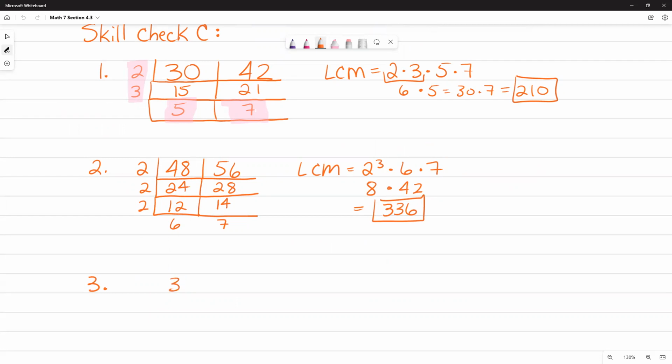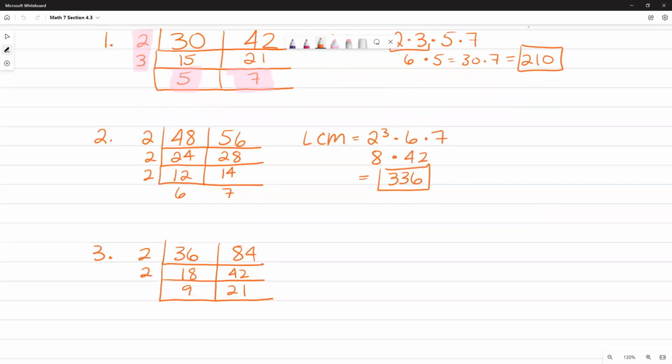So 36 and 84 are both even. Give myself a couple of rows here. 2 goes into 36 18 times, 2 goes into 84 is 42. Again, they're even, so that becomes a 9 and a 21.